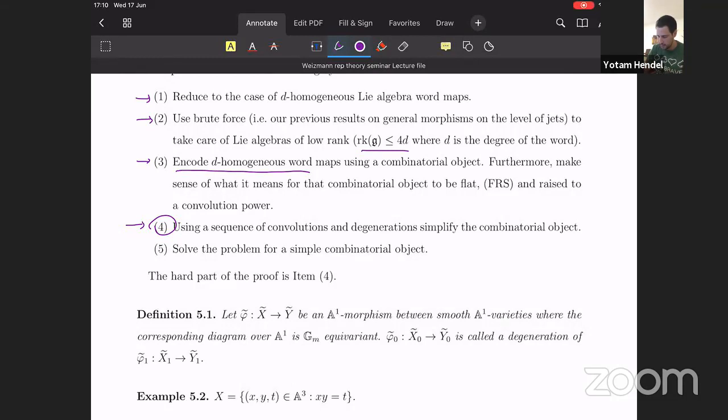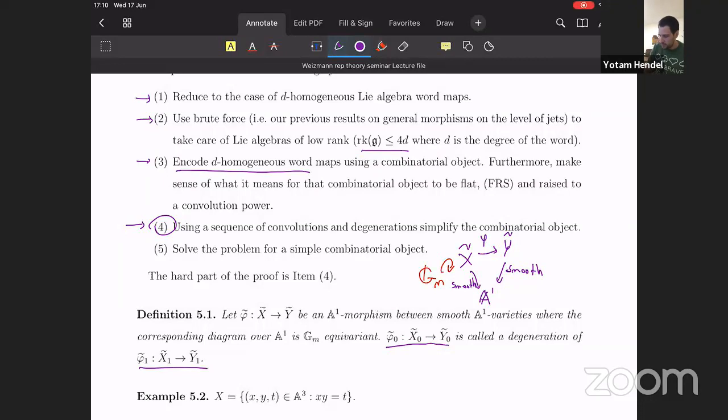So in my settings, I have two smooth families over A1, and I have a G_m action which acts on X tilde, on Y tilde, and on A1, and this action is equivariant with all these morphisms. So this is smooth. This is smooth. And in this situation, I say that the fiber over 0 is a degeneration of the fiber over 1.